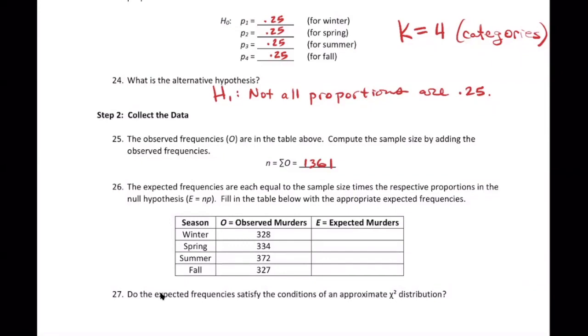Okay, so remember the expected frequencies are E, which are N times P. So the N is 1361, and in each case the P is 0.25. So the expected frequency is going to be the same for every category. Okay, does that make sense? I think you get 340.25 here.